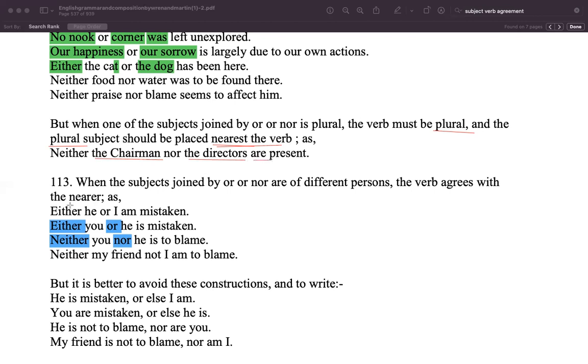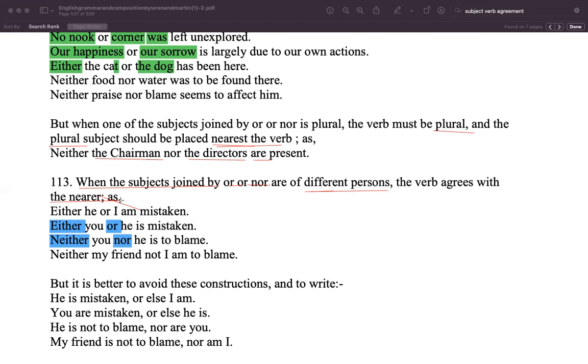Now, coming to the next one, when the subjects joined by or, nor are of different persons, the verb agrees with the nearer. So here you can put the rule of proximity.